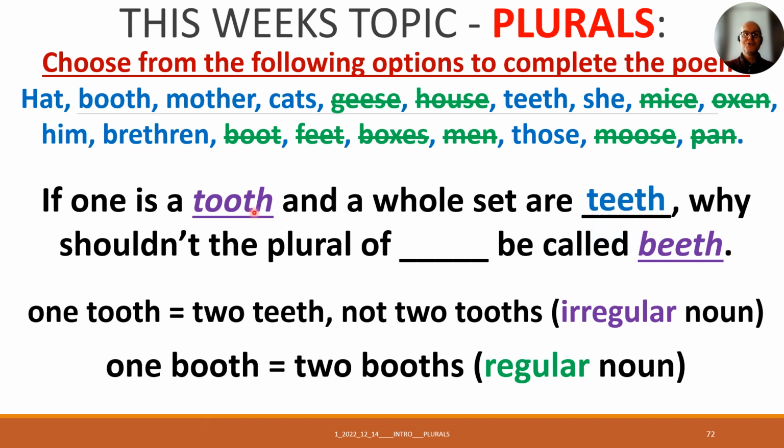So plural of tooth is teeth, but the plural of booth is booths, not beath. So tooth and booth, very similar words, but the plurals are different. Different rules for forming the plurals.